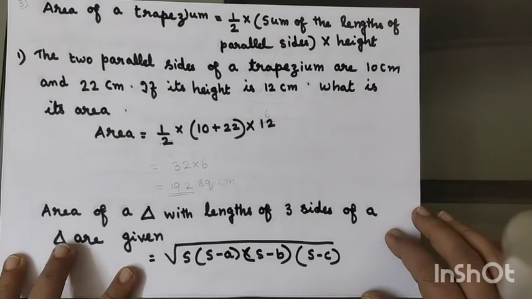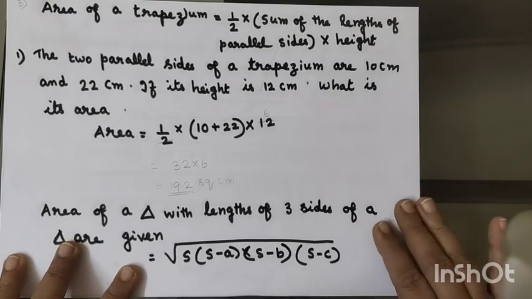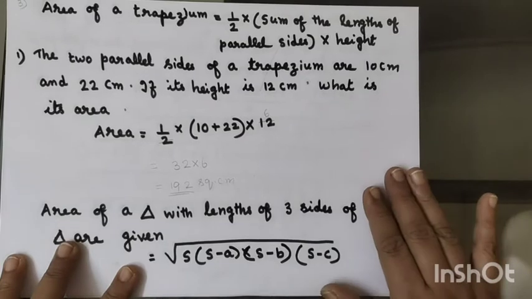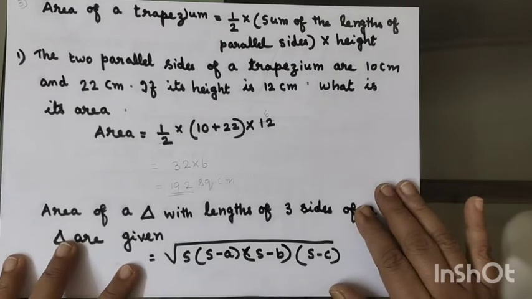Area of a trapezium, again repeat with me: half into sum of the length of parallel sides into height. If you know the formula, then only you can do the sum. So it is very important to learn the formulas.